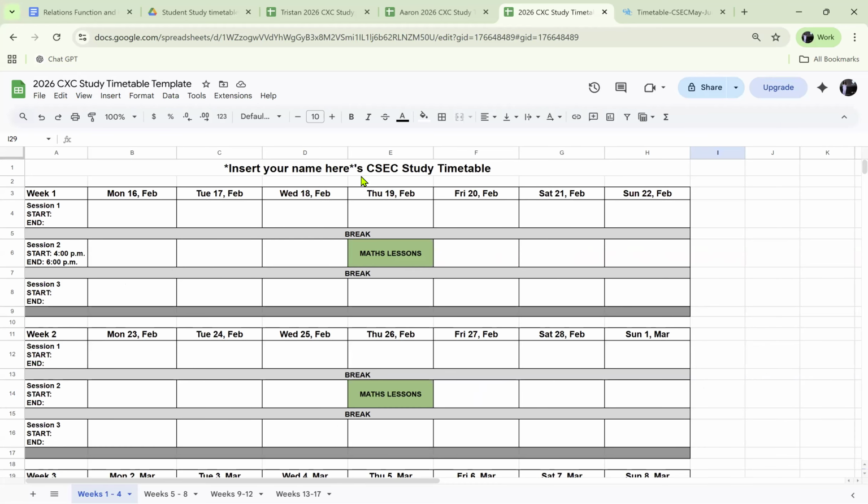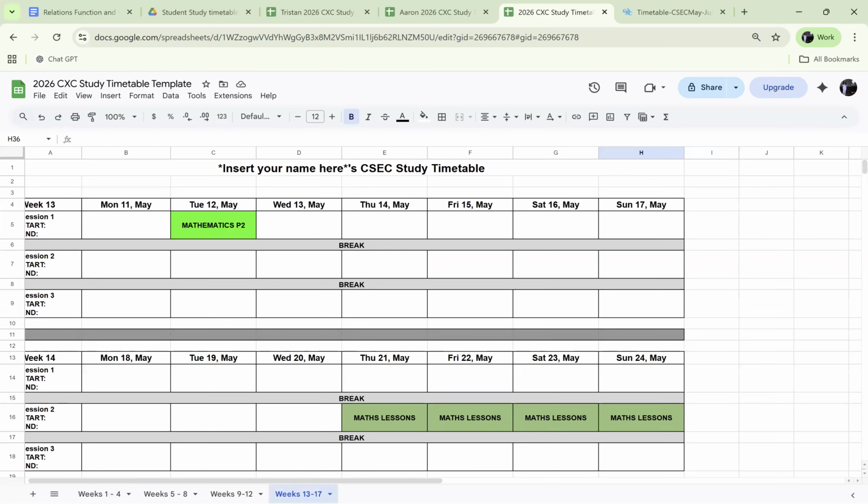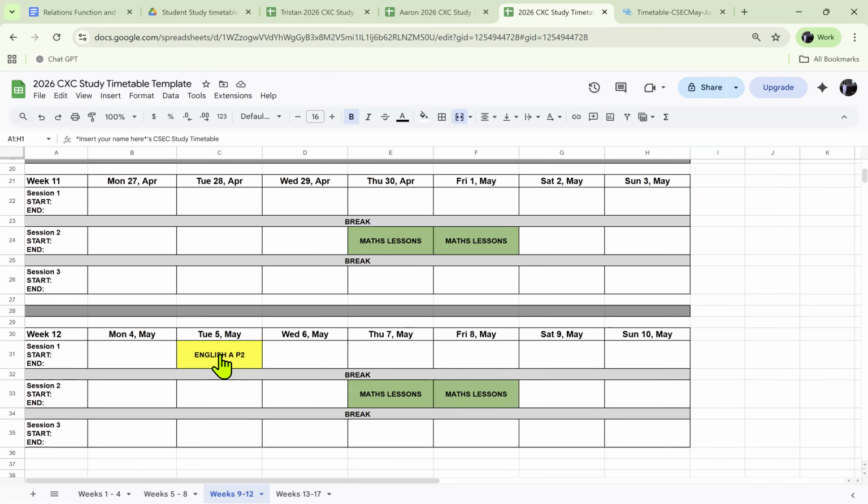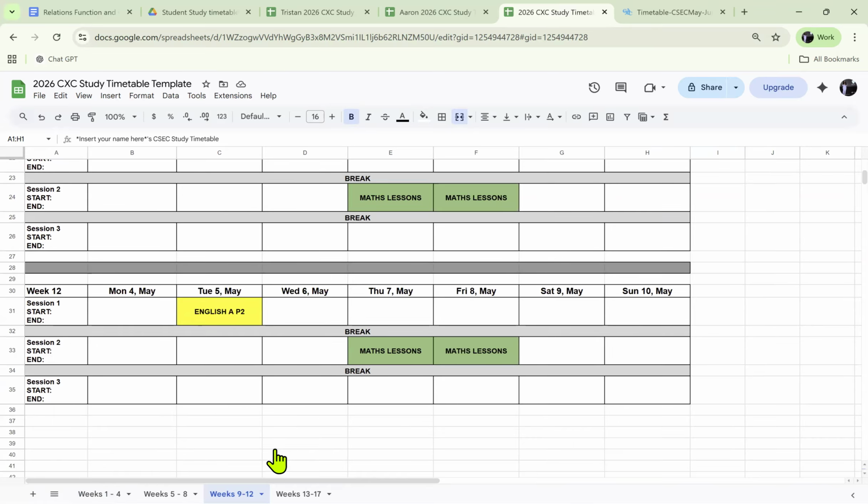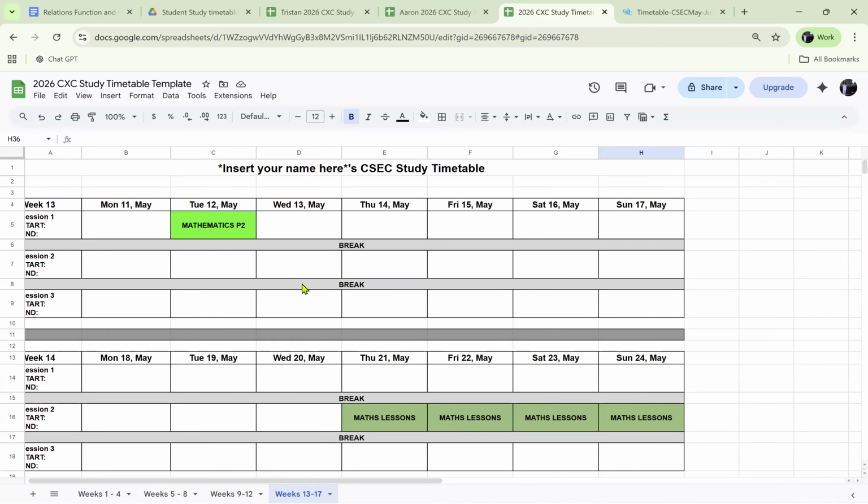So this is what it looks like, and I made one for each of you. All I've included in it so far are your math lessons, the days that you have math lessons with me, because I don't know what other lessons you have, as well as the dates of the exams for English and math. Again, because I know all of you are doing English and math, right?